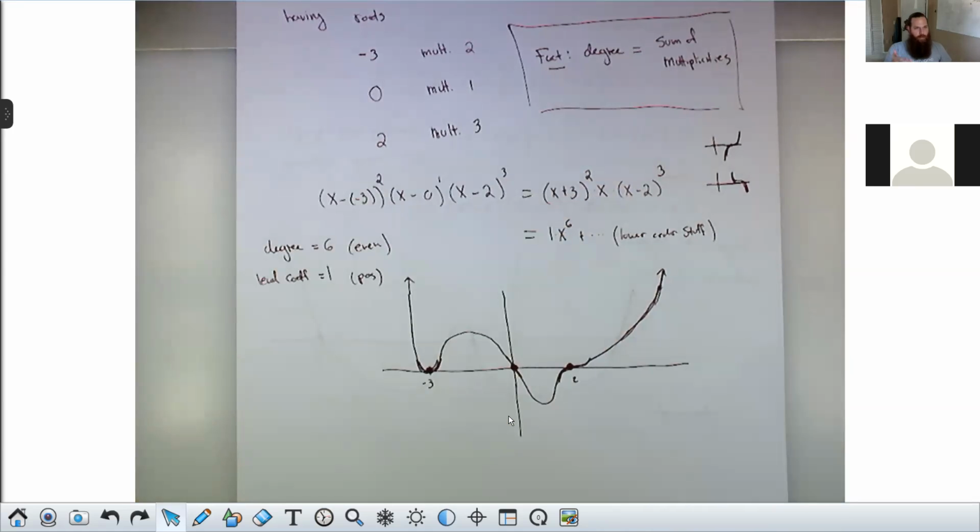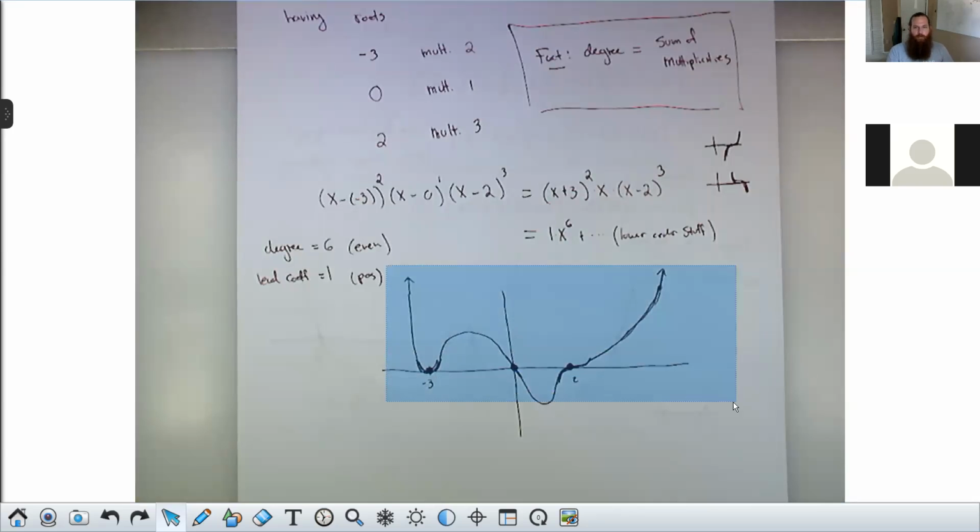And there again is a reasonable sketch of this polynomial. Now, do I know how tall this hill is or how deep this valley is? Do I know this max or this min? No, I don't. You're gonna have to wait for calculus to learn that. But this has the right number of maxes and mins. That's a big deal on its own.